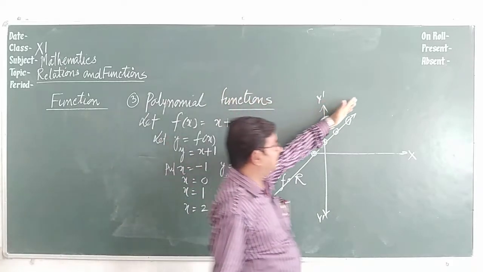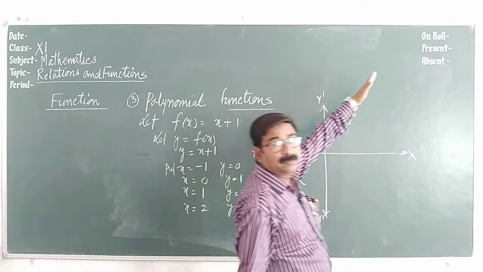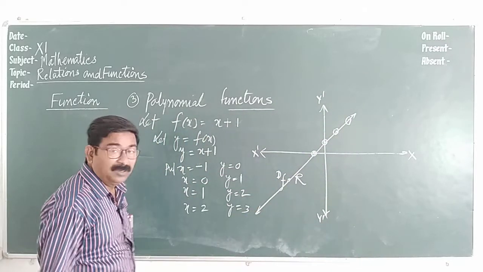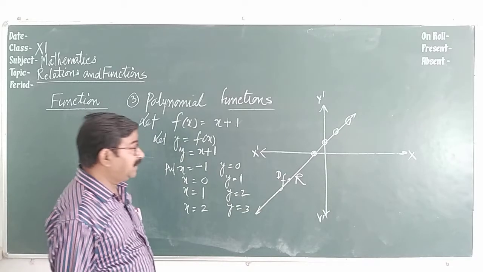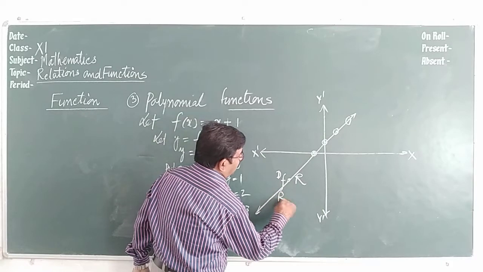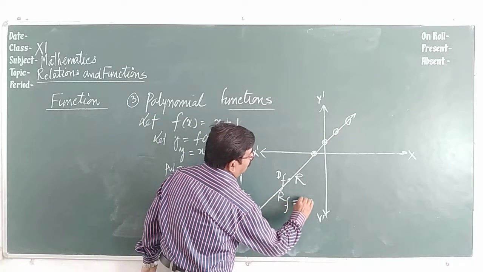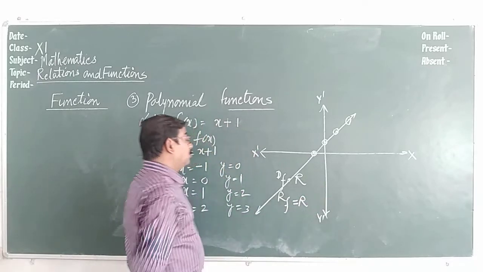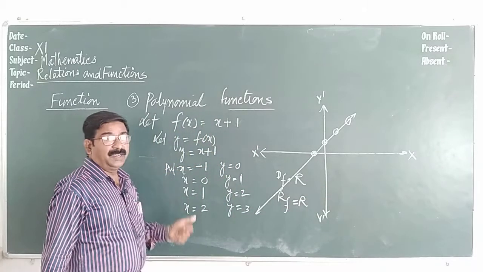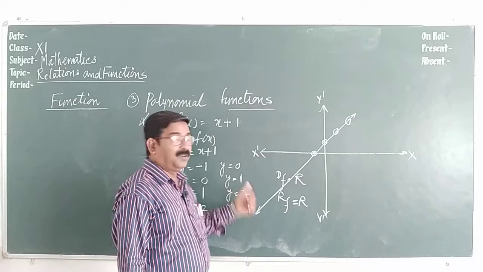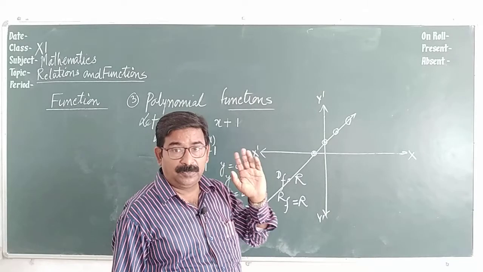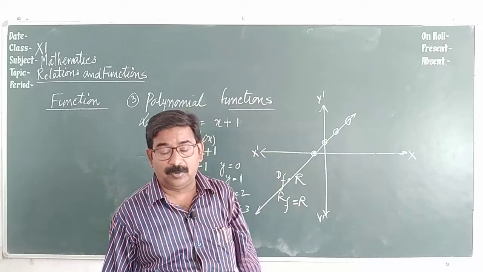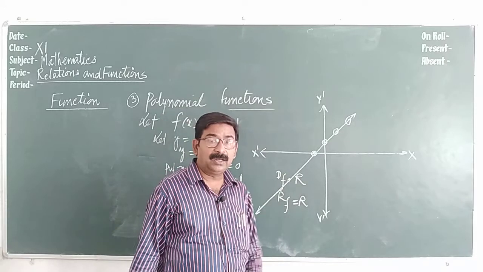So it goes to infinity upward, that is plus infinity. It goes to infinity downward, minus infinity. Means the range of the function is always real. So we see that the range and domain of this kind of function, that is polynomial function, in case of linear polynomial, both are real.